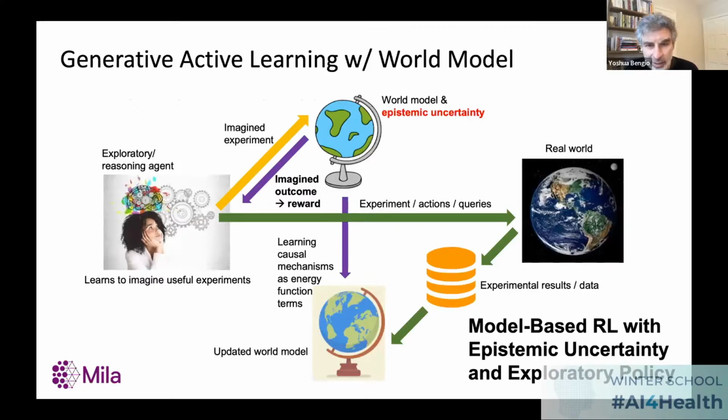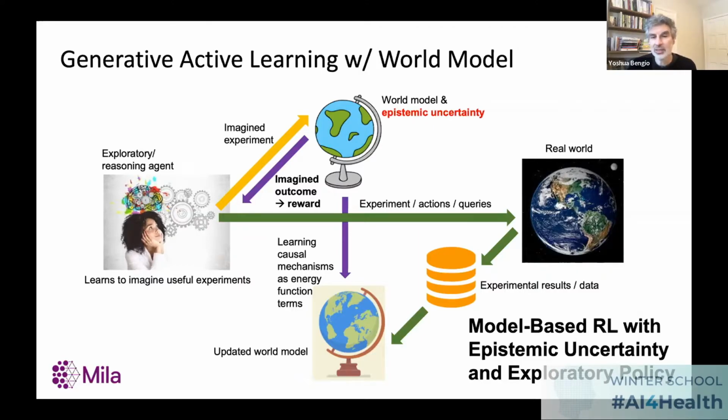So here's a slightly more involved picture of what we're trying to achieve. On the right, again, it's the biological experiment, the oracle. Let's call it the real world. And in the middle, we have what I'm now going to call the world model. So it could be our supervised learning predictor based on the data we have already collected from the real world.